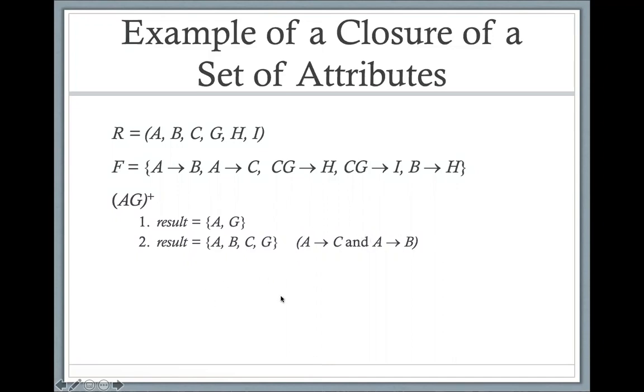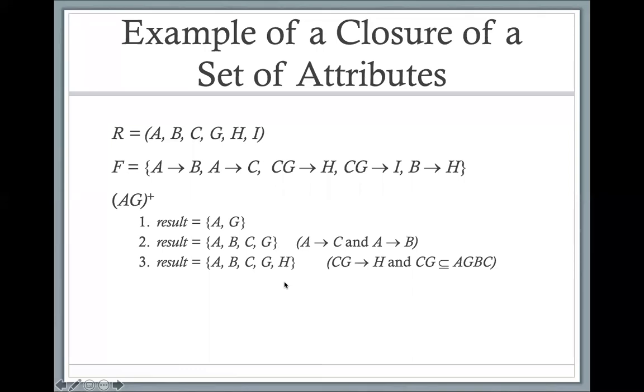Now, next, what do I add? I have CG determines H, CG determines I, and B determines H. So I can add H, because B determines H, or CG determines H, and CG is a subset of A, B, C, G. I can use the functional dependency CG determines H to add H, or B determines H, either of them.